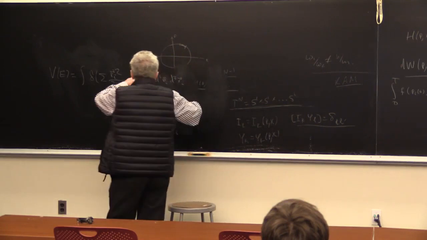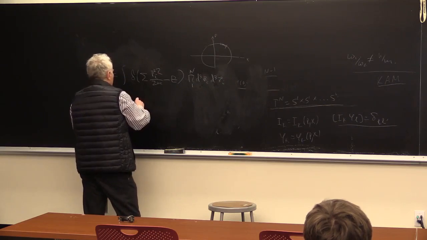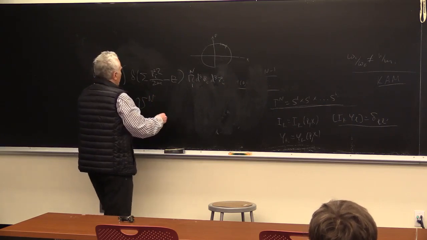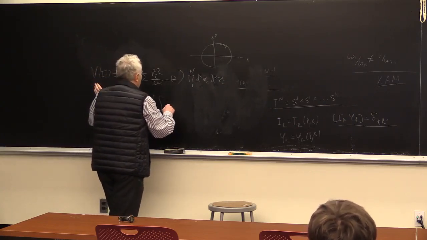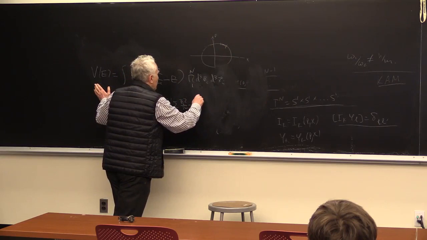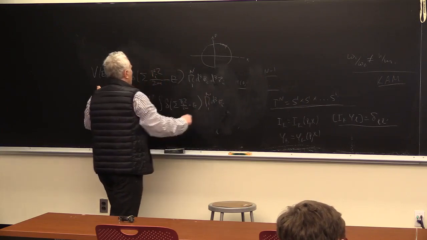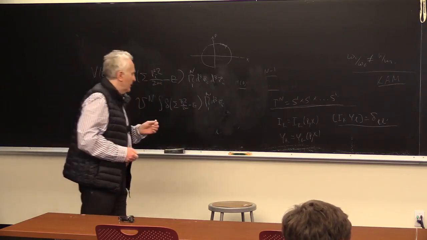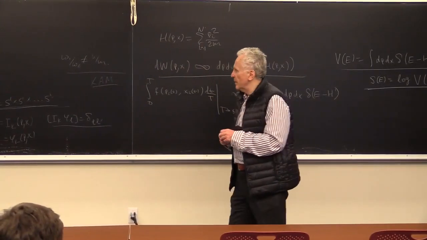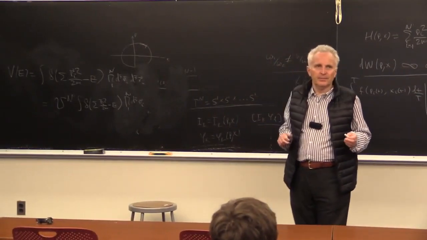So we have the spatial configuration volume to the power of n, times the integral of the delta function of the sum of p_i squared over 2m minus E. And now I claim you can immediately figure out how this second integral depends on the total energy. How does it depend on the total energy?